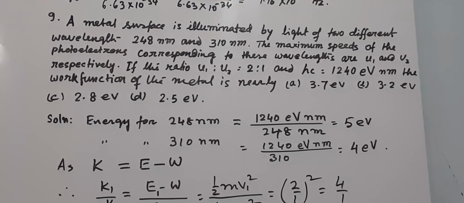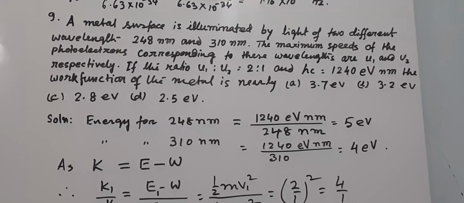And these ratios are provided, U1 is to U2 is 2 is to 1 and hc is equal to 1240 electron volt nanometer. The work function of the metal is nearly, we have to find out work function. So, it is understood that incoming radiation is 248 nanometers. So, it will contain 5 electron volt and energy for 310 nanometer it will have 4 electron volt.